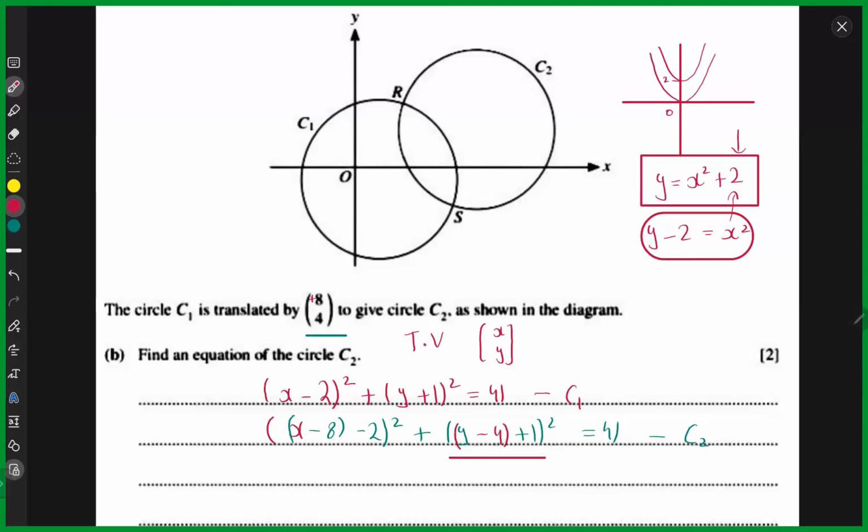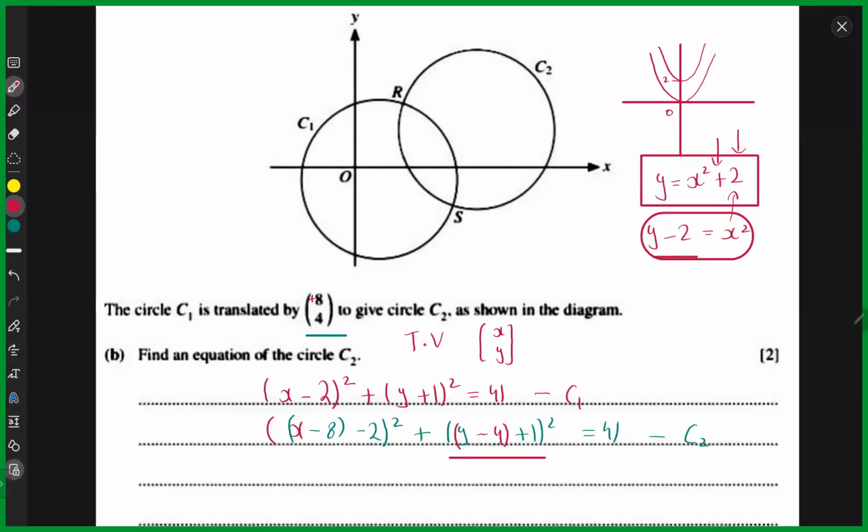The way we explain and study this topic is just this: whenever something is happening along the y-axis, nothing weird is happening. If we are moving the parabola 2 units above, we are adding positive 2. But just look at this positive 2. We were not adding this positive 2 with y. We were adding this positive 2 in the entire function. If I do that with y, it would be minus 2.